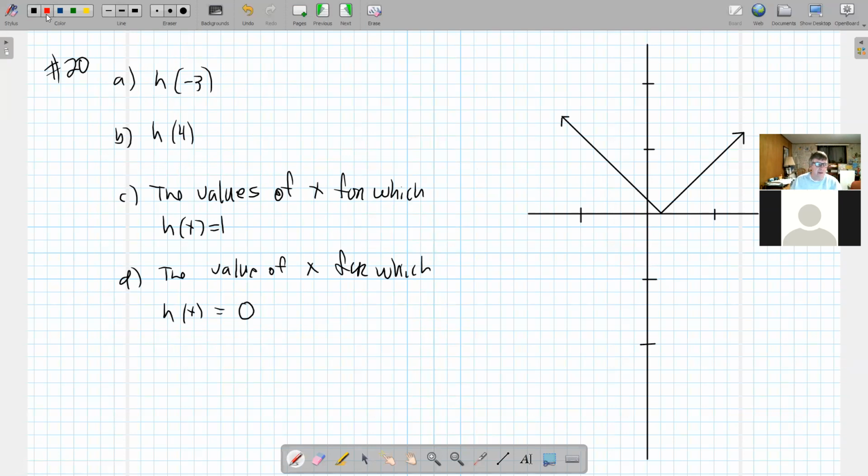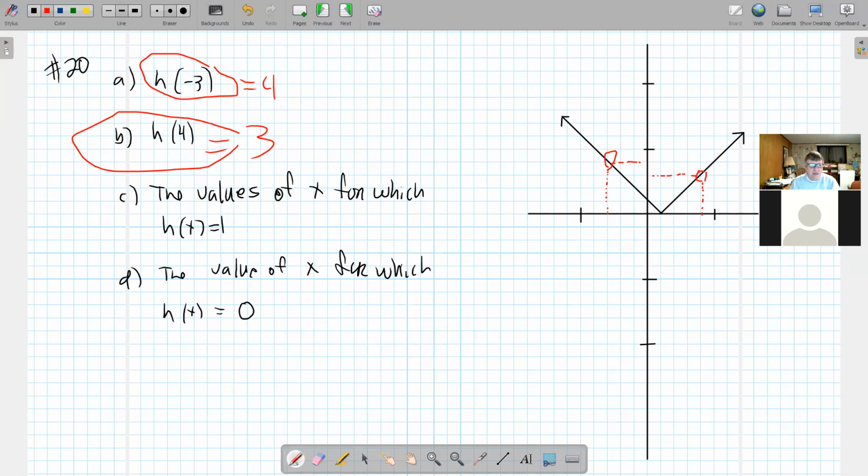Same questions, different graph. So h of negative 3, if x is negative 3, what's the corresponding y value? 4. H of 4, if x is 4, what's the corresponding y value? 3.